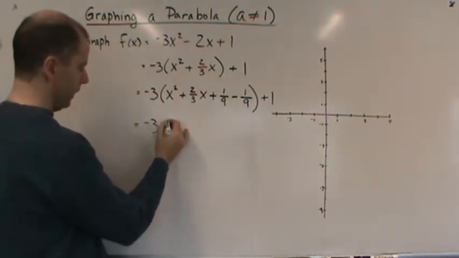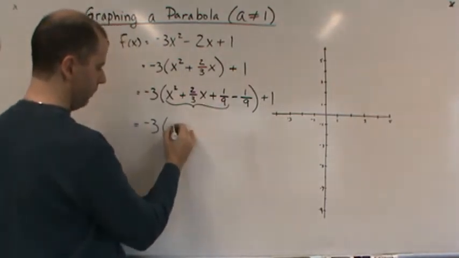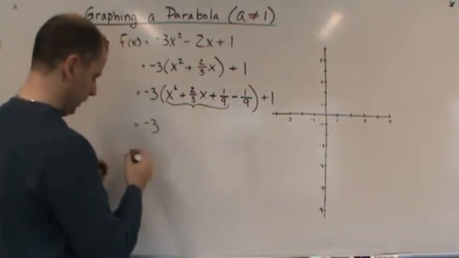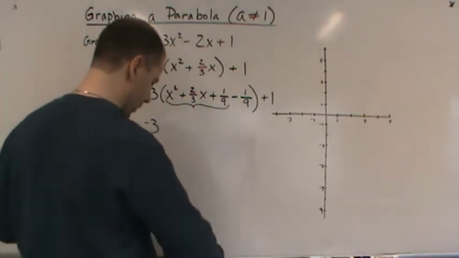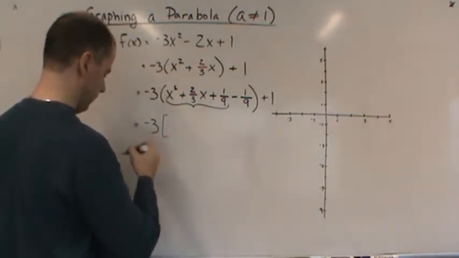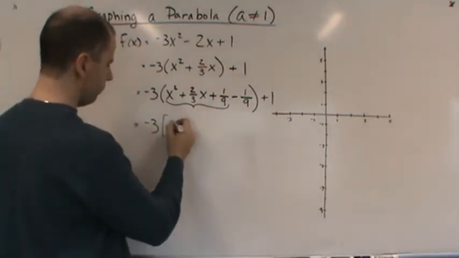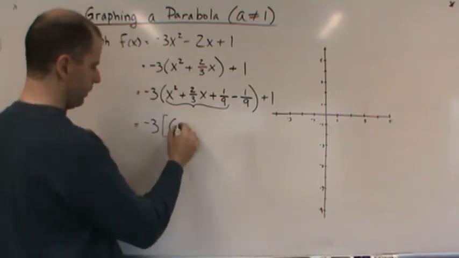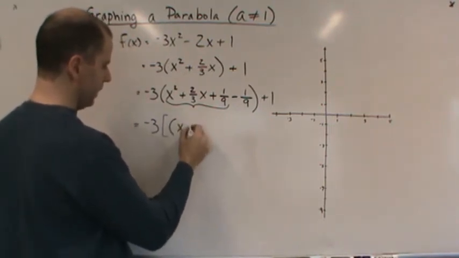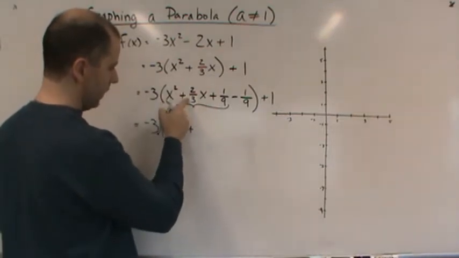So negative 3. This piece here will become, let me use another marker so you guys can see this. So now this is going to be x plus what? Here, now I'm going to take 2/3 and divide by 2.